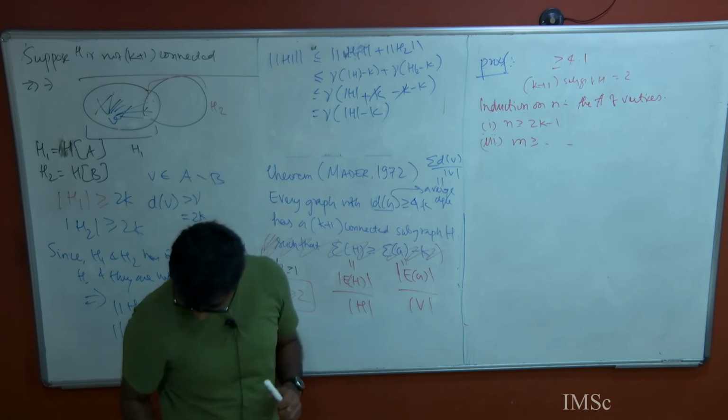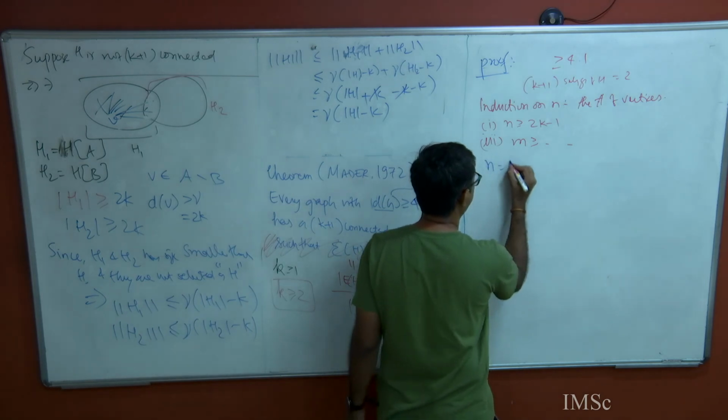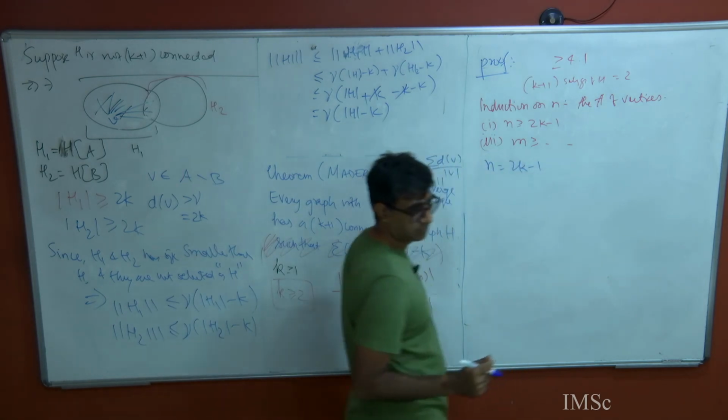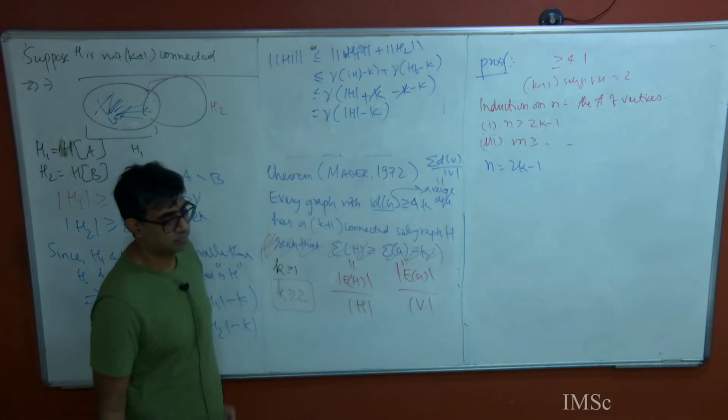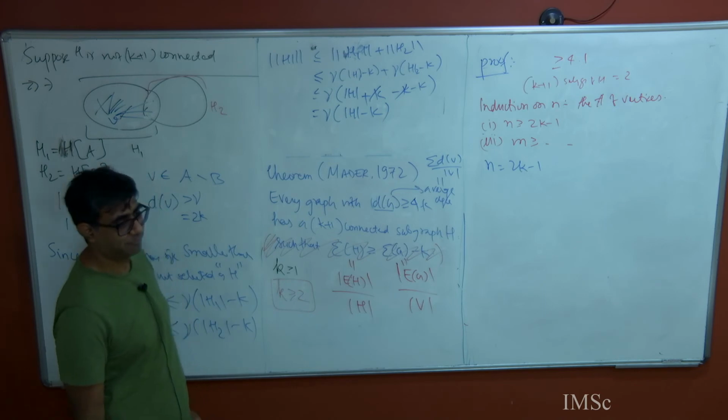Now I want to apply induction. So what happens if n is exactly equal to 2k minus 1? How many edges do we have in this graph? You will see something funny happening.